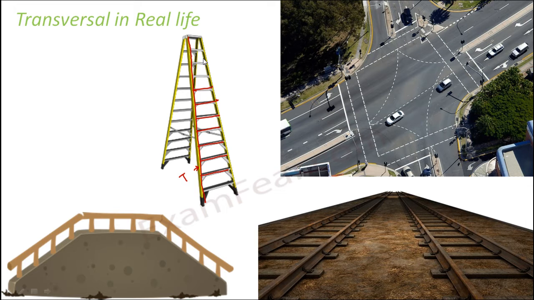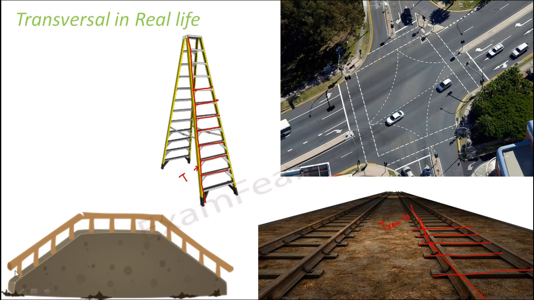The second transversal would be on the railway lines, the railway track. Here also you would see that the metal rods which are laid on the railway track run parallel to each other. And there is this line which intersects these parallel lines, or which cuts multiple parallel lines. So this basically acts as a transversal.